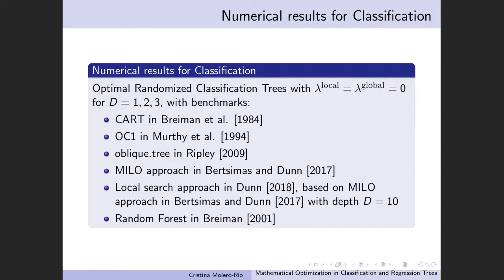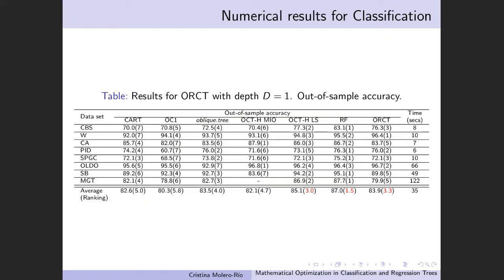Then we have a MILP approach at the same depth as ours. Then we have a local search approach based on this MILP approach, but which can build trees up to depth 10, and random forest. Here you can see results for depth 1 in terms of out-of-sample accuracy, so the higher the better. For each data set, we have the performance of the seven approaches.